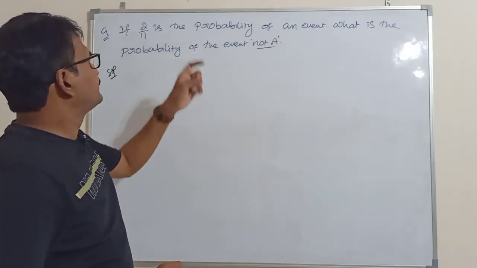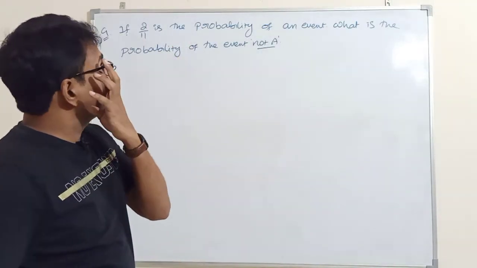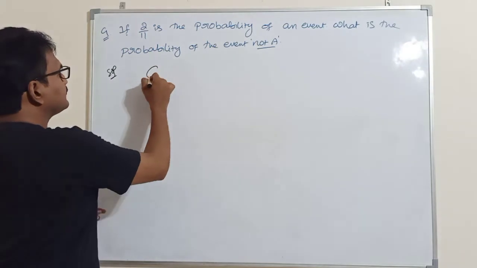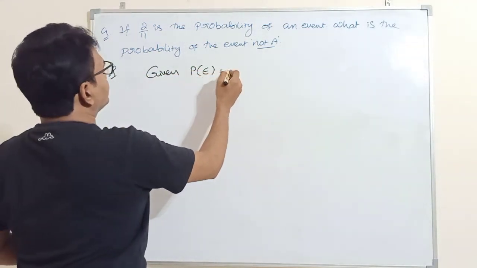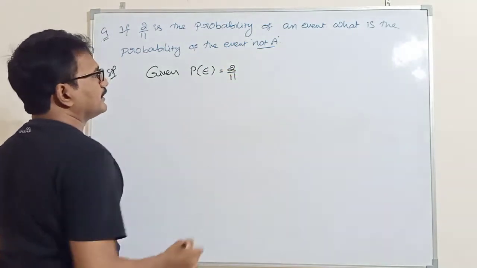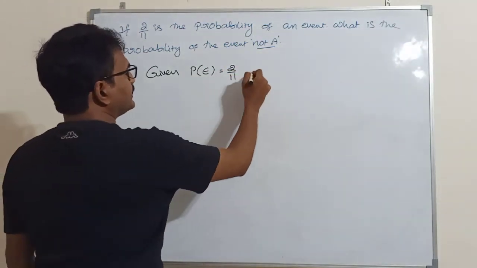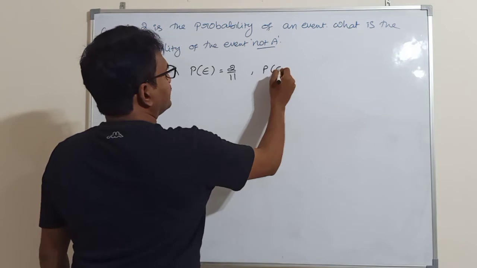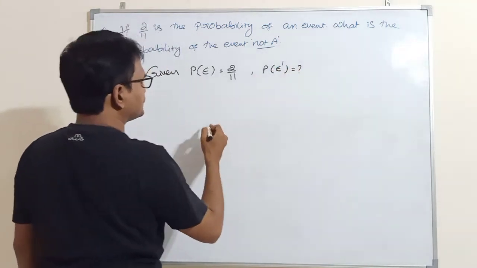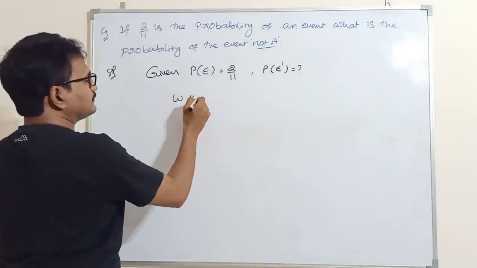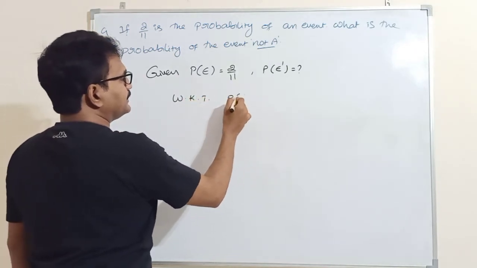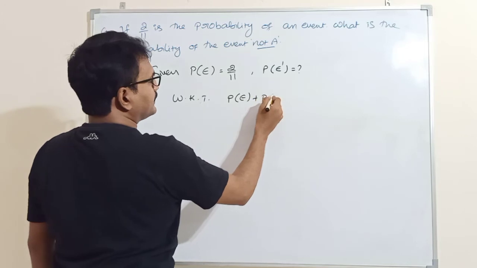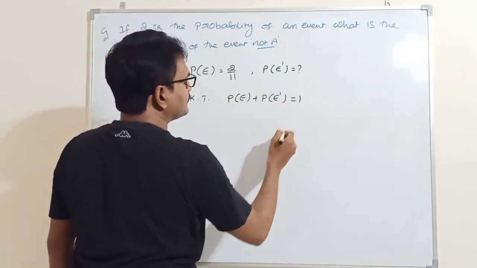Next, if 2 by 11 is the probability of an event, given P of E is 2 by 11, what is the probability of the event not A, that is E dash? We know that P of E plus P of E dash is equal to 1.